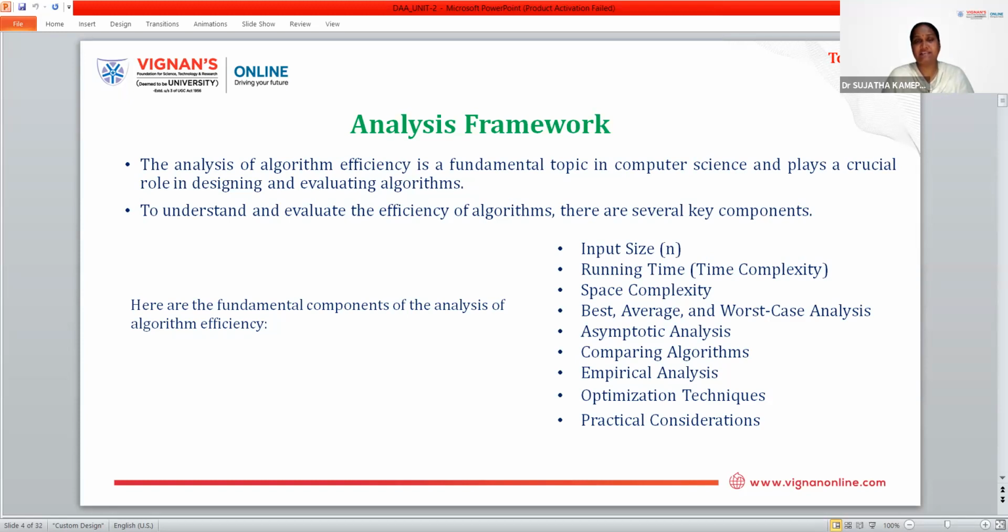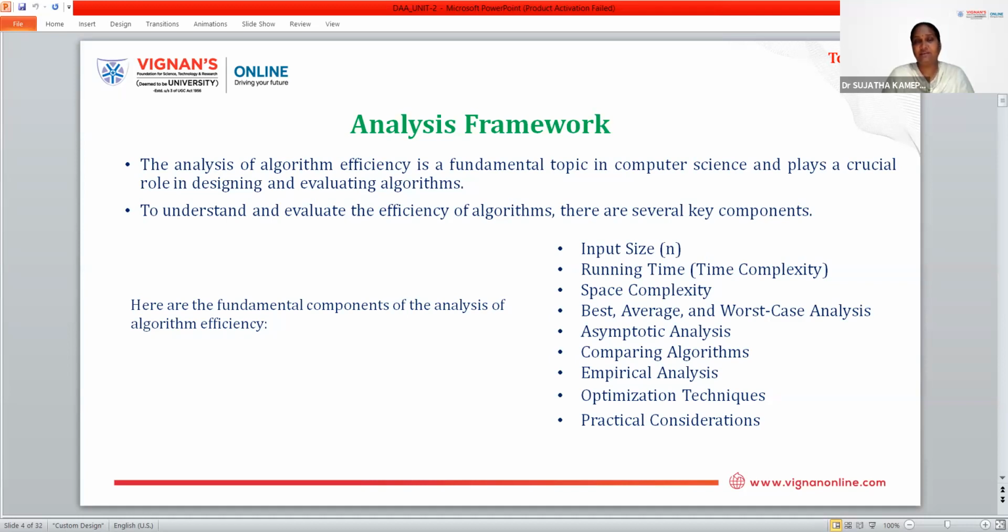These components represent the analysis framework of algorithms: input size, how an algorithm performs for different sizes of input, running time, space complexity, different cases of analysis, best case, average case, and worst case, asymptotic analysis, that is order of growth, comparing various algorithms, empirical analysis, optimization techniques, and practical considerations.